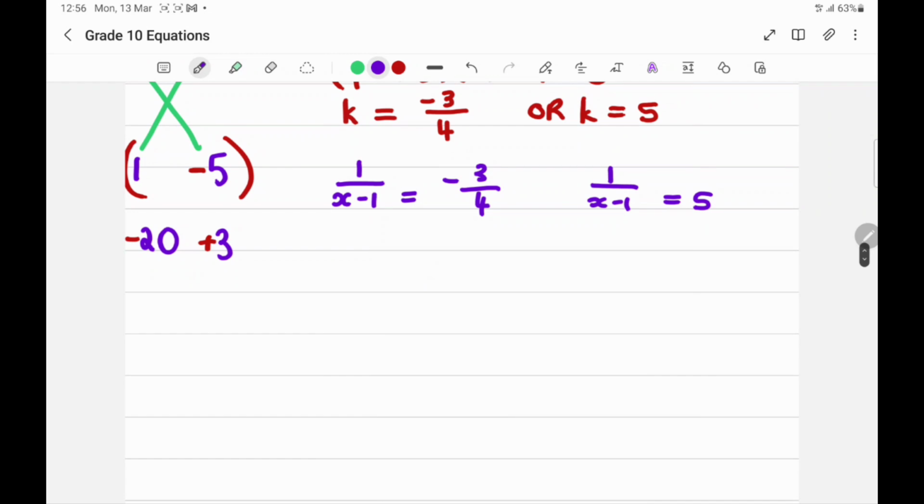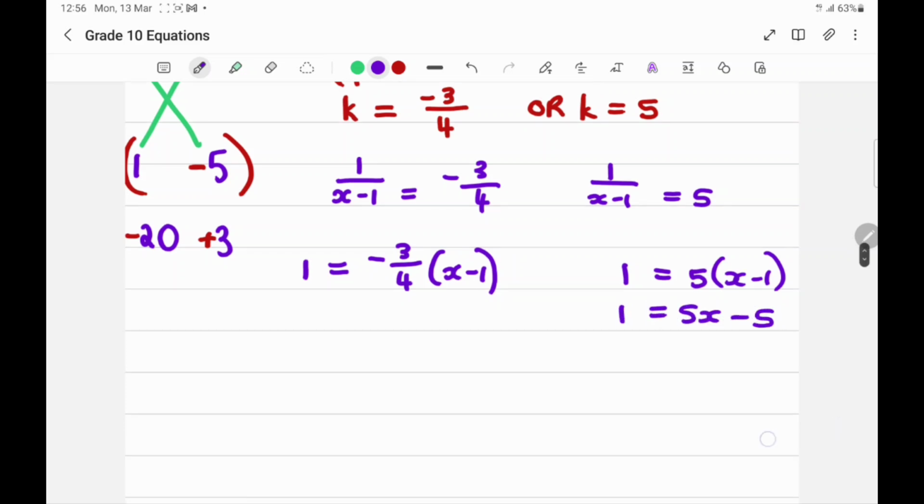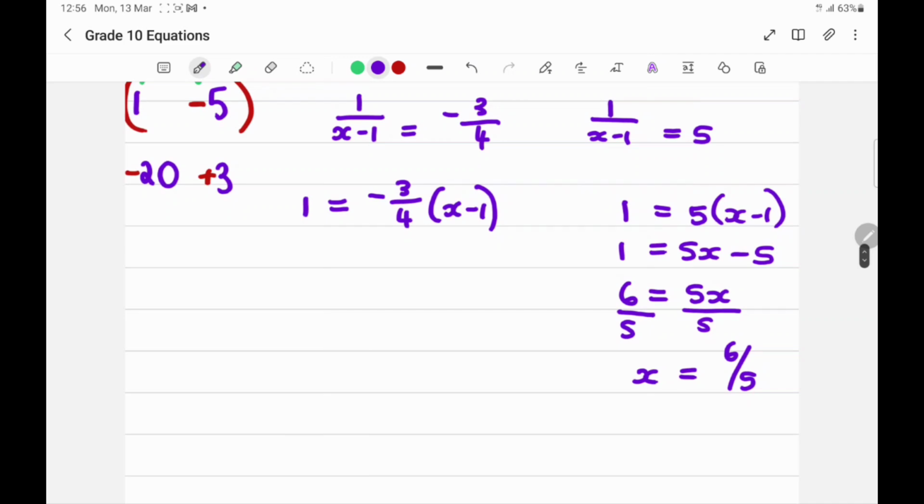Multiply both sides with x minus 1, then you're left with 1 is equal to negative 3 over 4 times x minus 1, or over here 1 is equal to 5 times x minus 1, which will give you 1 is equal to 5x minus 5. So 6 is equal to 5x, divide by 5, divide by 5, thus x is equal to 6 over 5.